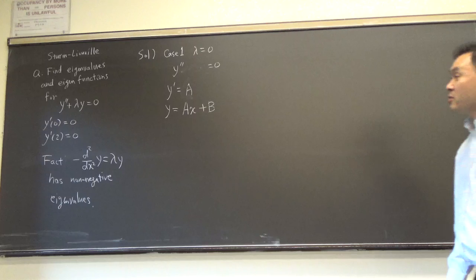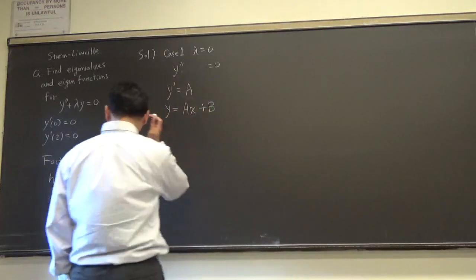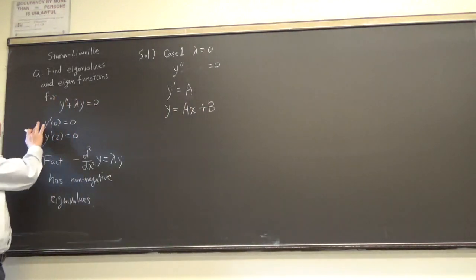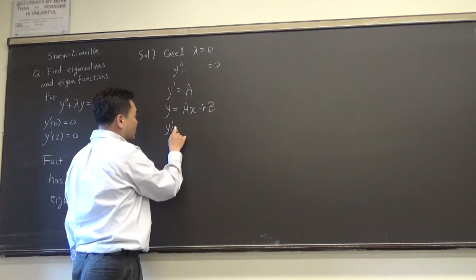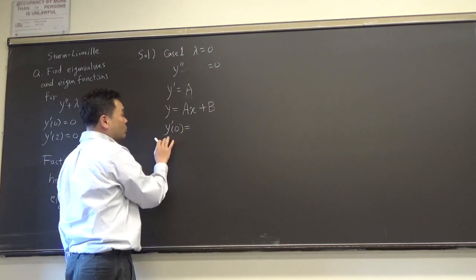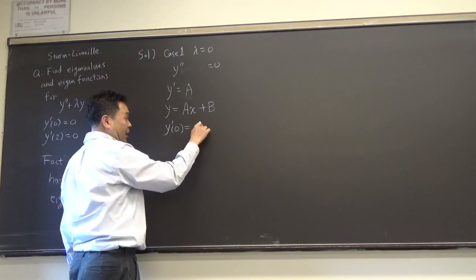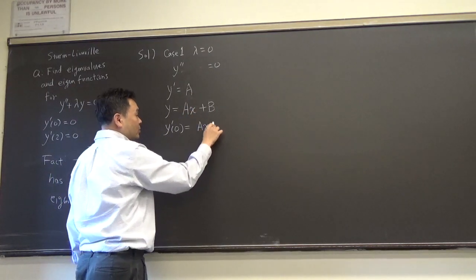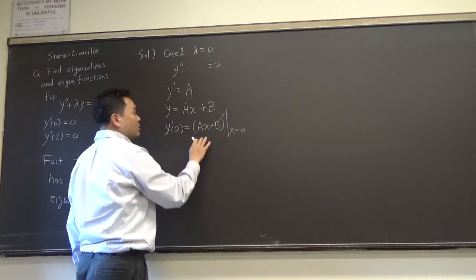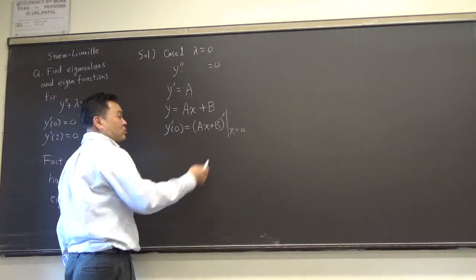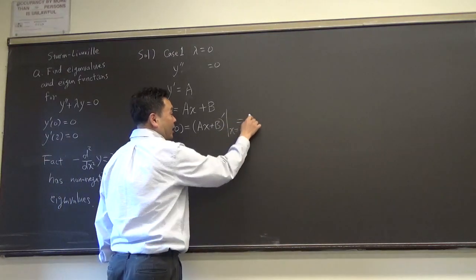So with this, let's now apply the two boundary conditions, which is y prime of 0. Well, the derivative of this is just a. So if we differentiate this and then plug in 0, it's still just a.